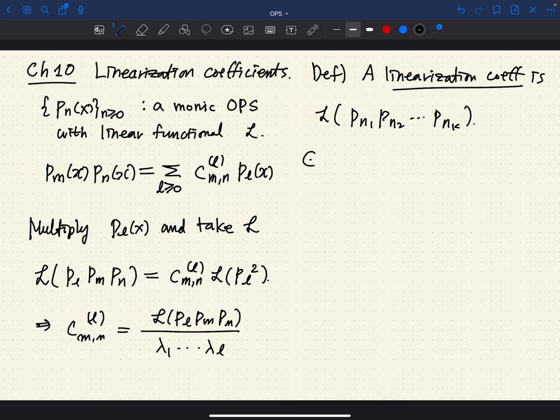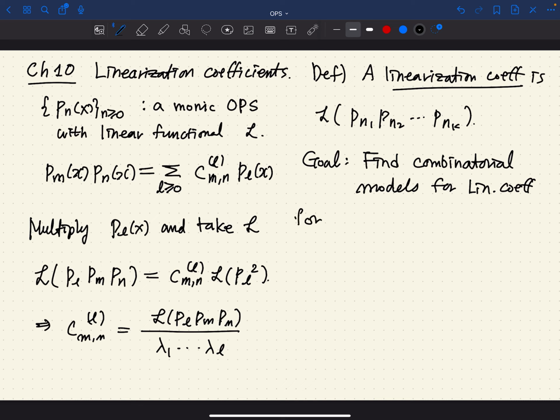Our goal in this chapter is to find combinatorial models for the linearization coefficient for classical orthogonal polynomials like Hermite, Charlier, and Laguerre. We will consider these three classical orthogonal polynomials.